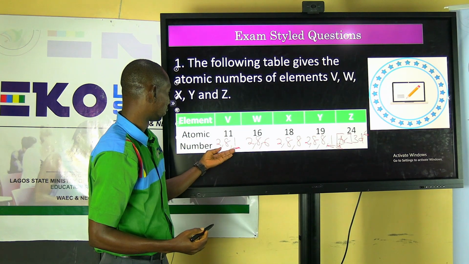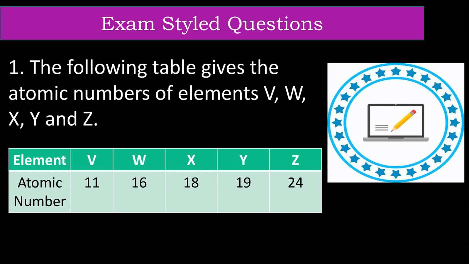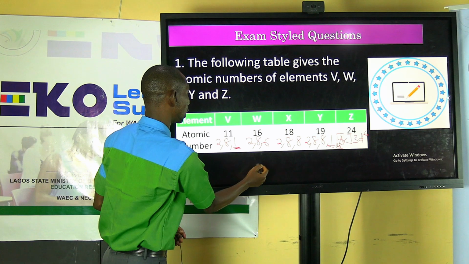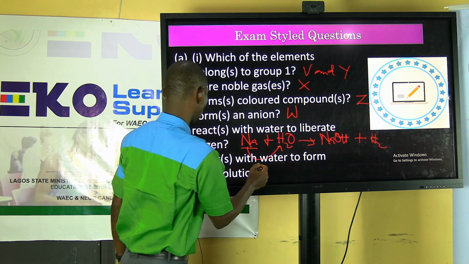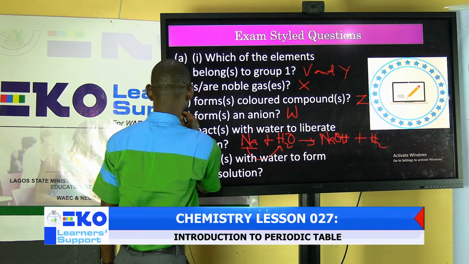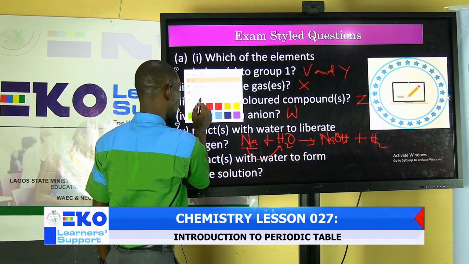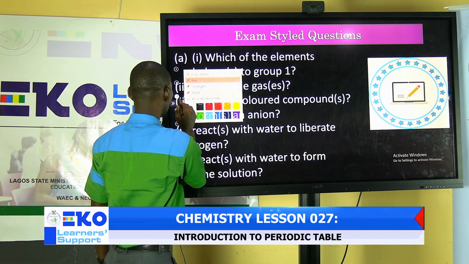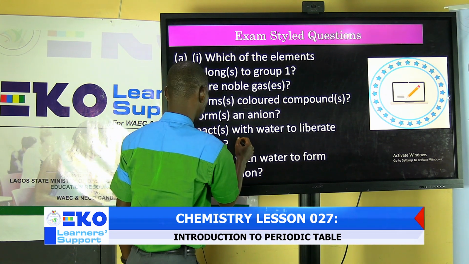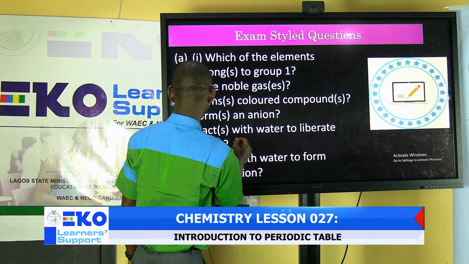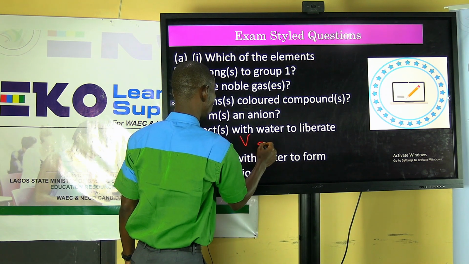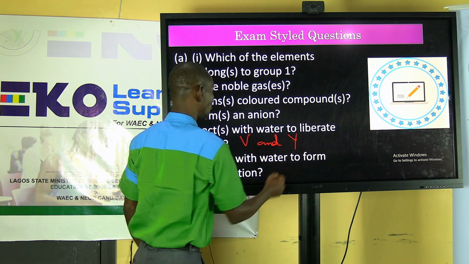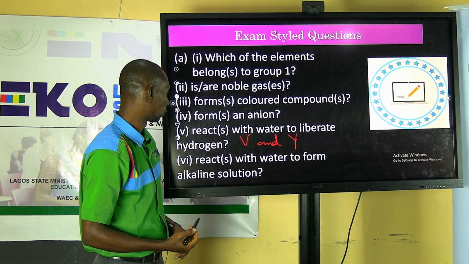Okay, V there is an alkali metal as well as Y. So our answer to that is going to be V and Y. So I have to clean that so that you can see clearly. That is, the answer there is V and Y. Yes, that's the answer for Roman figure 5.